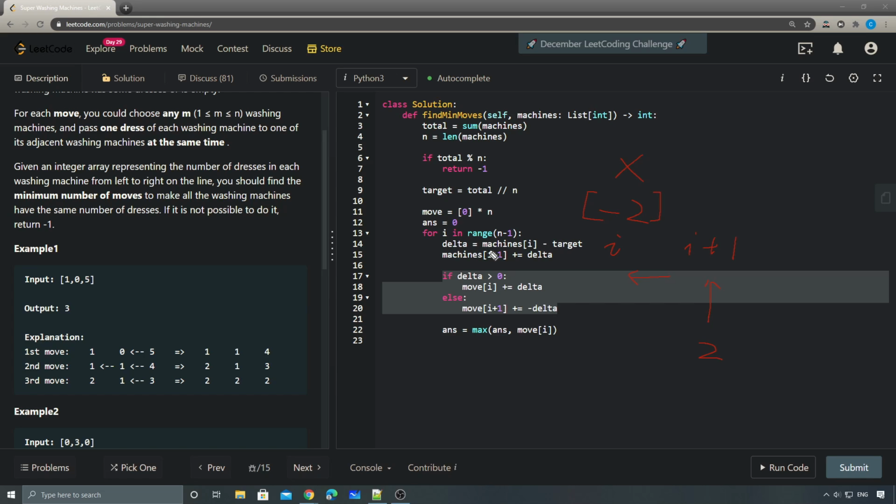But if machines[i+1] minus target, the delta, is greater than 0 on this i+1, it also means that we need to move some addresses to the right side. That's why we only increase the moves when the delta is greater than 0.